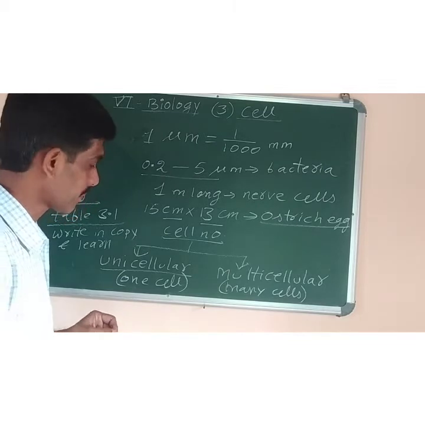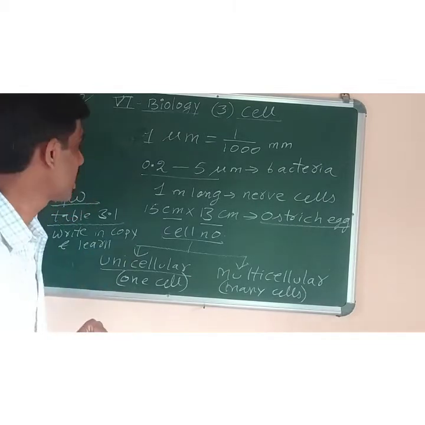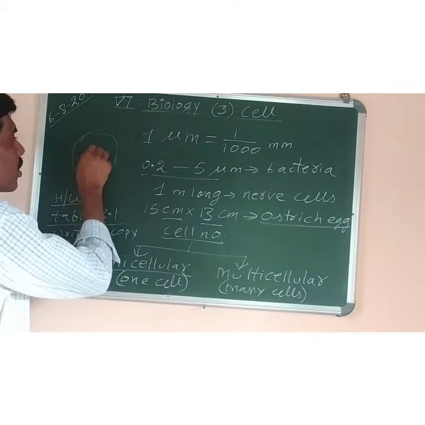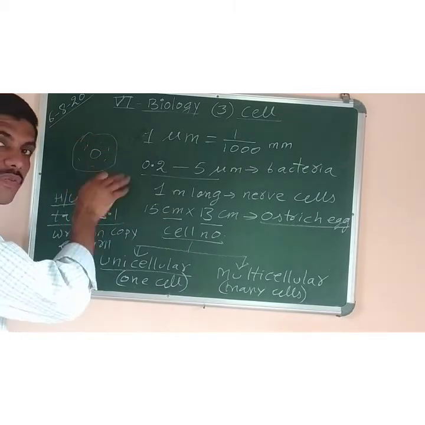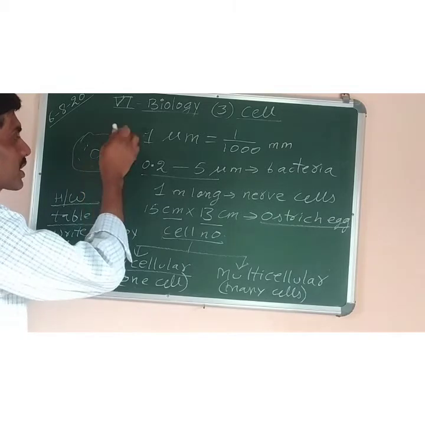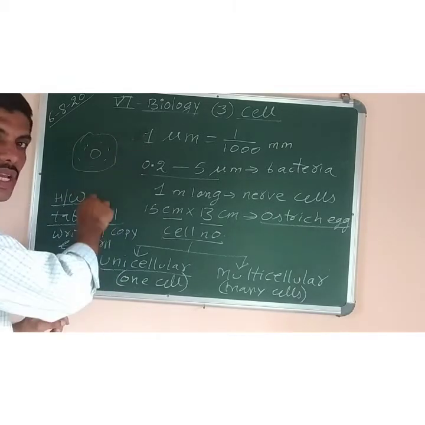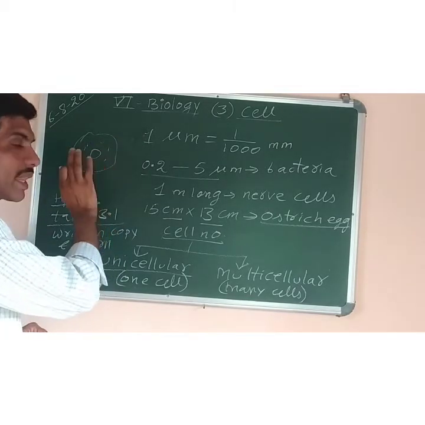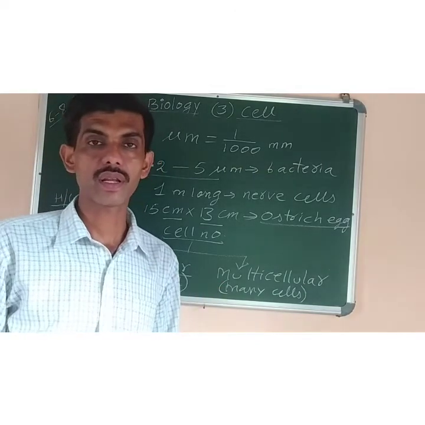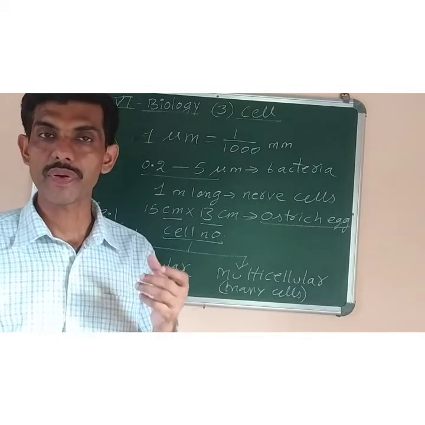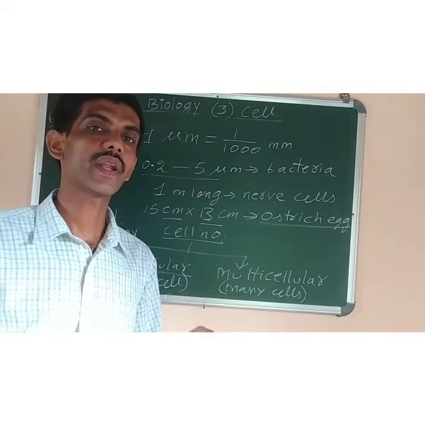The third point, in unicellular organisms, a single cell will carry out all the functions, like this is the nucleus, this is the cytoplasm. So all the functions of life, like respiration, excretion, digestion, egestion, everything will be done by that single cell only. In multicellular organisms, like we are multicellular, we carry out different types of functions with different types of systems.